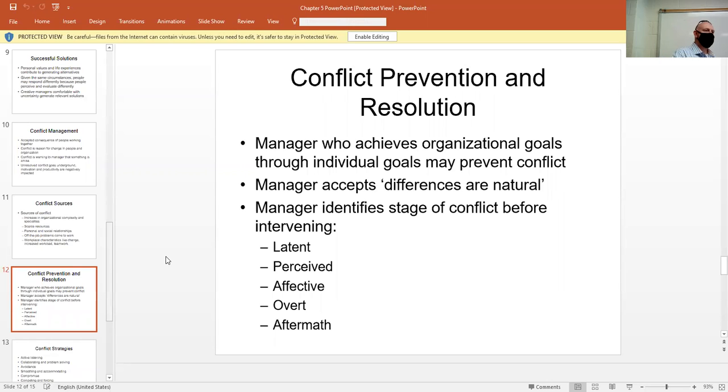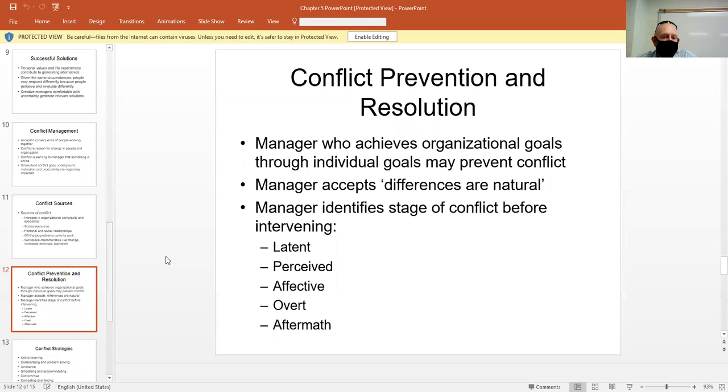That's kind of what this top one is talking about, y'all. A manager who achieves organizational goals, your big goals, by individual goals, which are smaller. You set smaller goals that help to reach these bigger organizational goals. People are seeing success. These things are attainable, like we talked about before, and that can help prevent conflict.